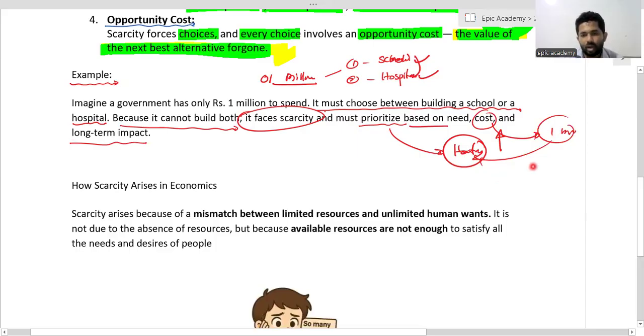If we need 2 million to build a school building, you can't do it, so choose the hospital. And long-term effect: as a government, you have to think about the long-term effect, not only the short-term benefits to the society.